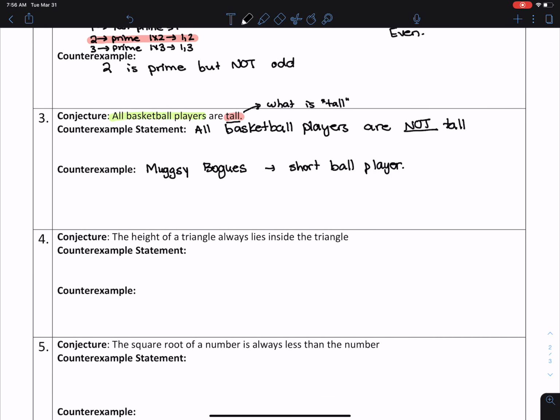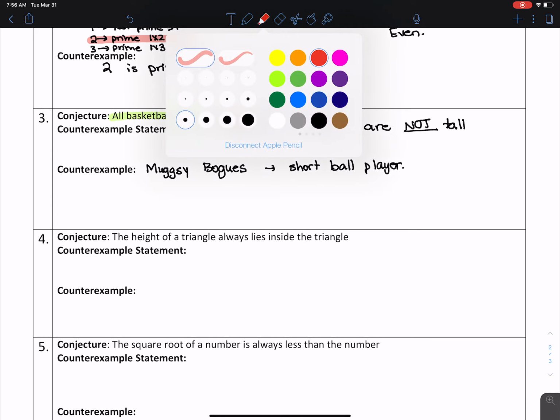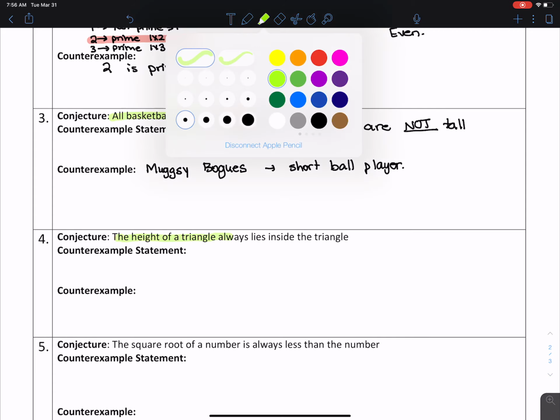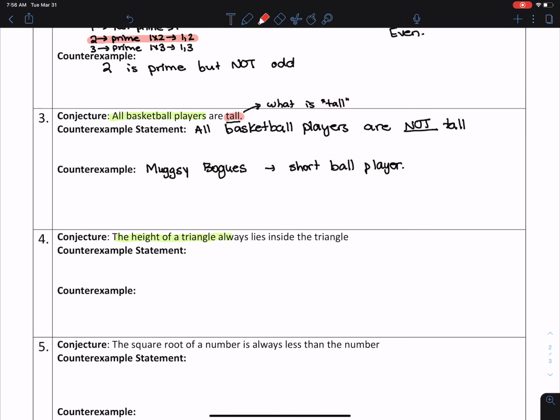The height of a triangle always lies inside the triangle. My condition part of the statement is the height of the triangle. My conclusion of my statement is that it always lies inside the triangle.